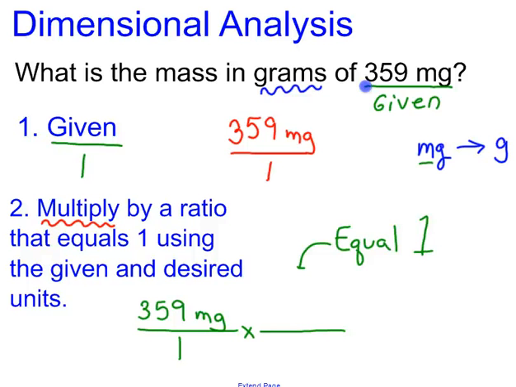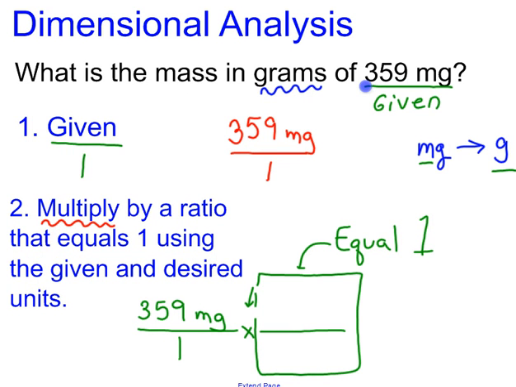And the units that we choose will come from our metric conversion that we were looking at earlier, milligrams and grams, that conversion. Since we're multiplying, and remember this is the key, this is multiplied by, we're multiplying 359 milligrams by a ratio that equals 1.